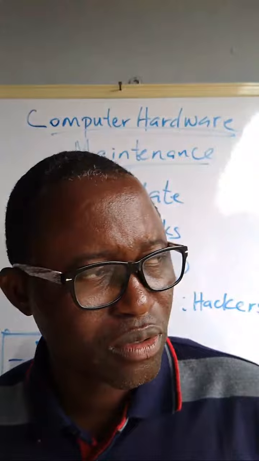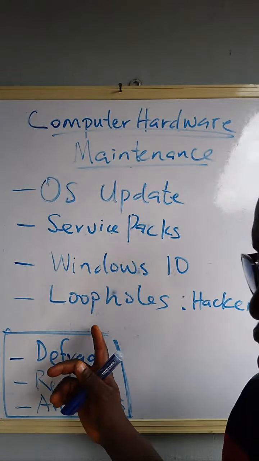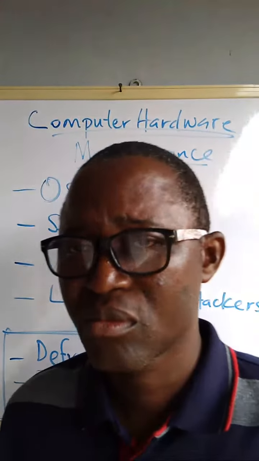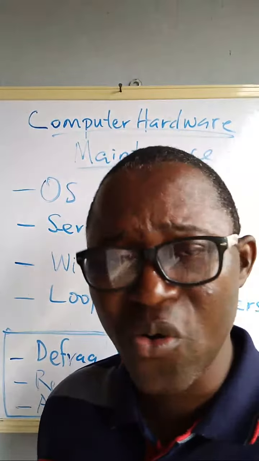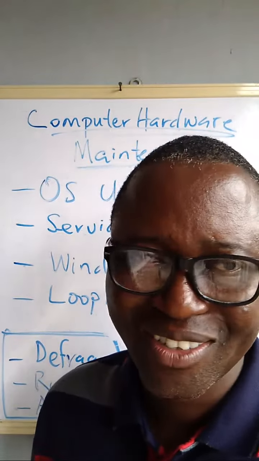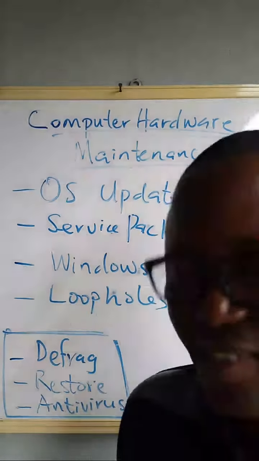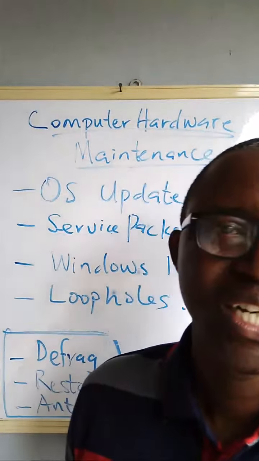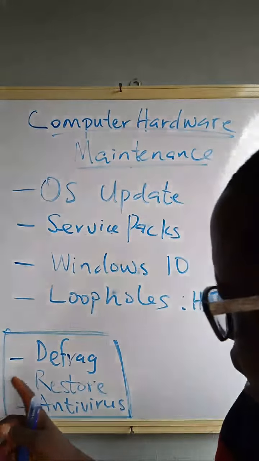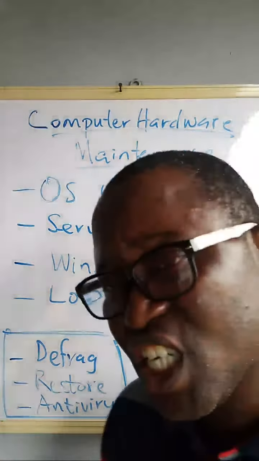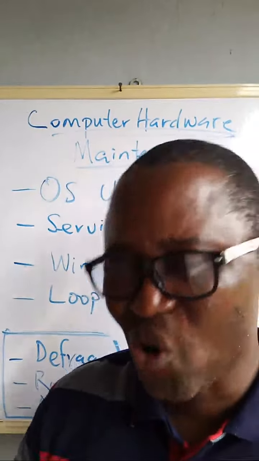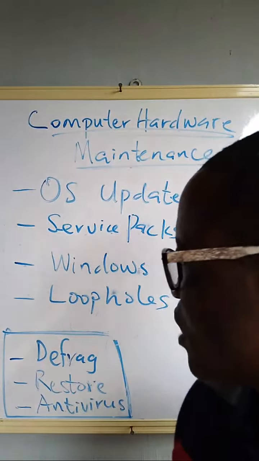For example, can the system boot? The answer will be yes or no. That's a close-ended question. Or can you print from this system? Yes or no. Does your computer have a Wi-Fi switch? Yes or no. These are close-ended questions.